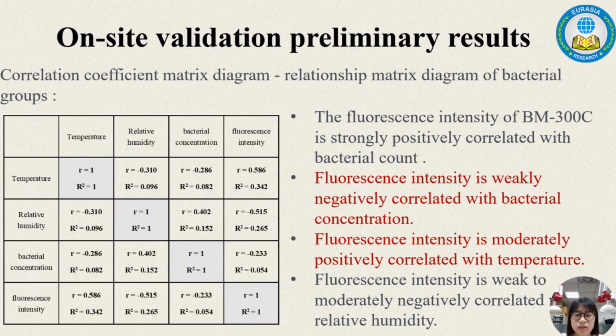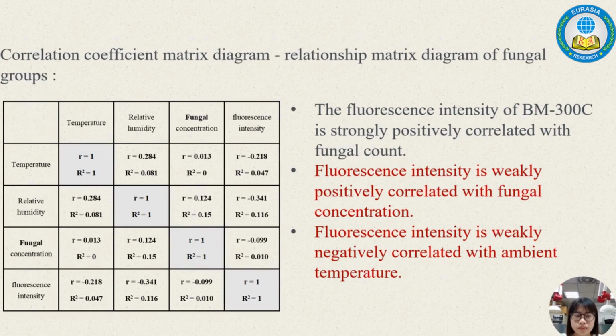Fluorescence intensity is also connected to temperature in a positive way. And for the fungus communities, there is a relationship between fluorescence intensities and fungus concentration. Fluorescence intensities have a slight negative connection with the surrounding temperature.